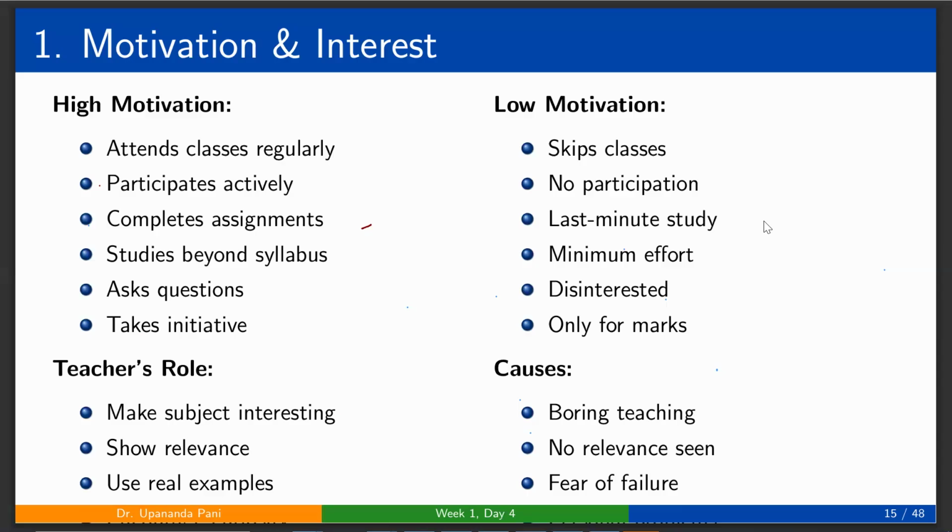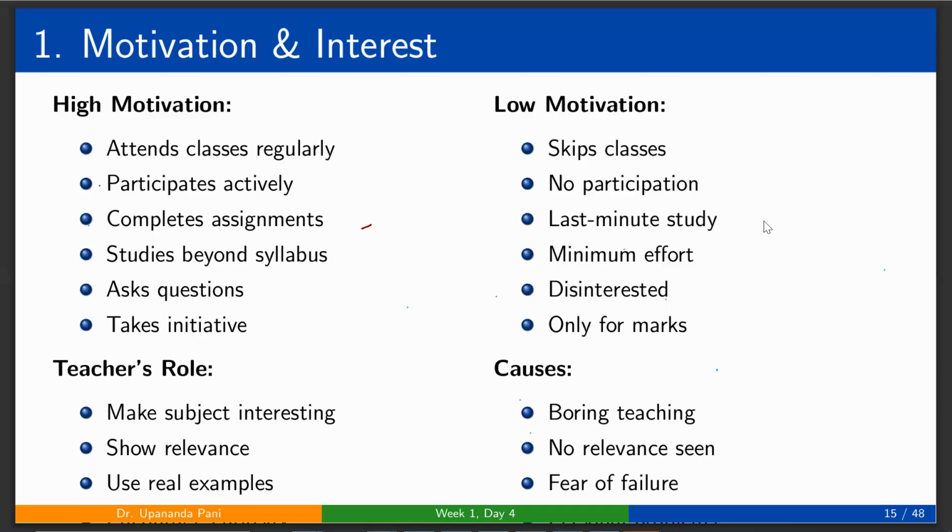Now the question is, why is there low motivation? If a student has low motivation, they will skip classes. For example, this is a challenge we are facing also, and it is a very good example. Why are students not coming to class? Because of low motivation.